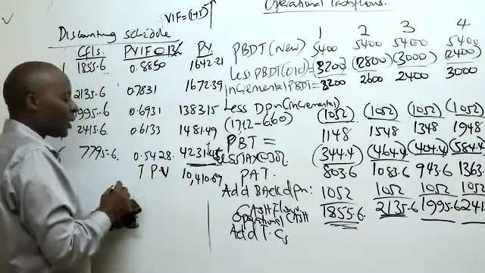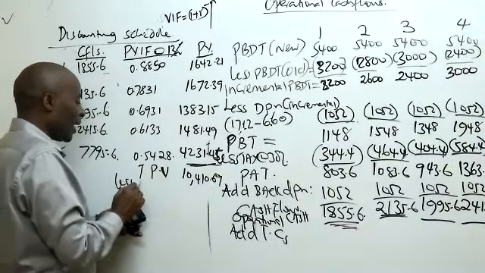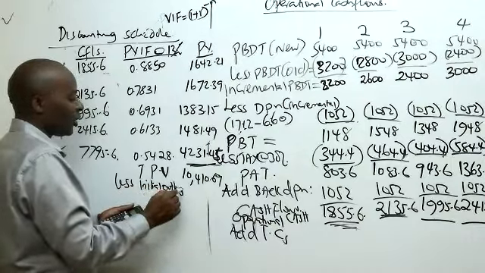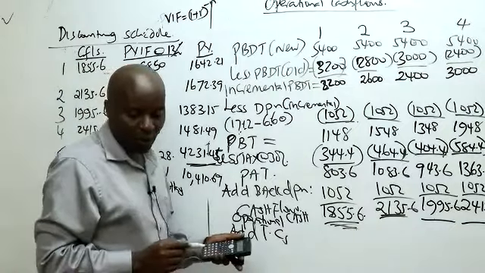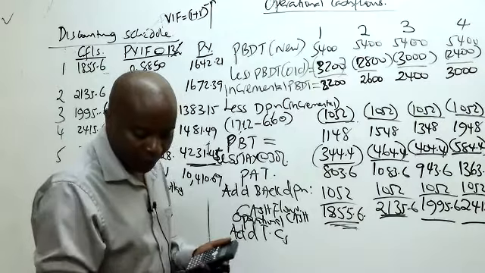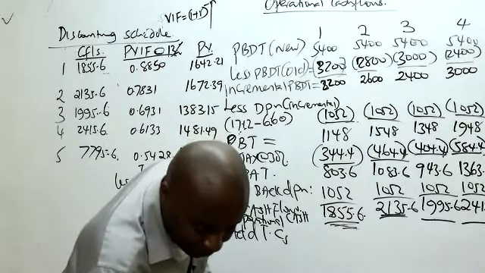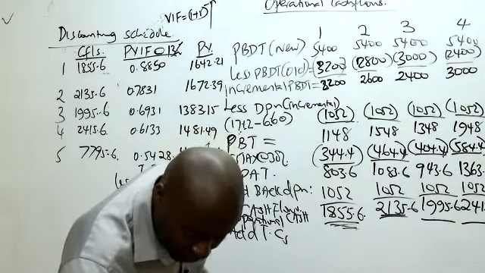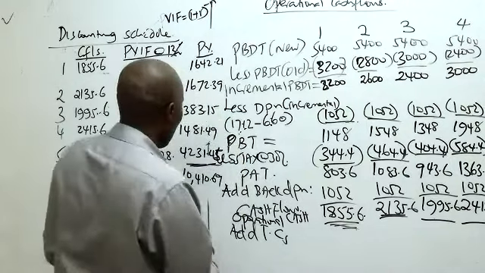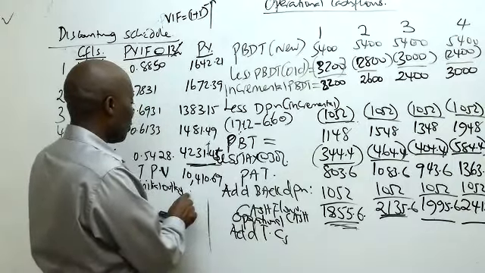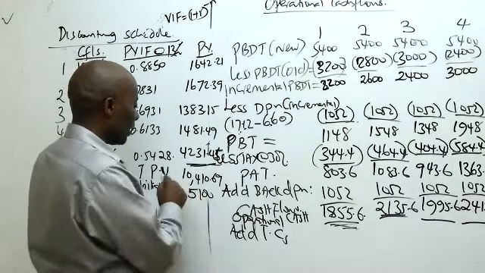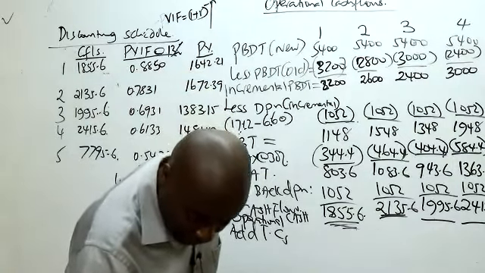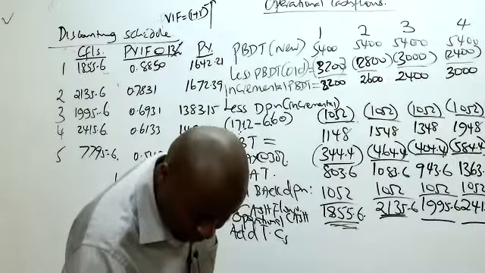Once you have your total present value, what do you do? You less the initial outlay. We had computed the initial outlay with yourselves and got 5,000. Is that the case, really? No, I'm reading the wrong one.